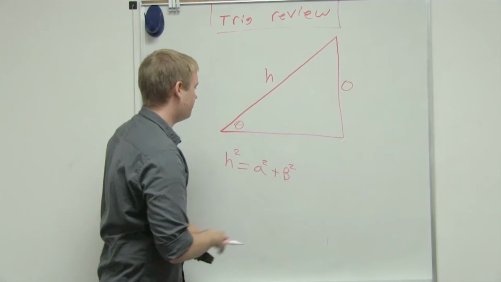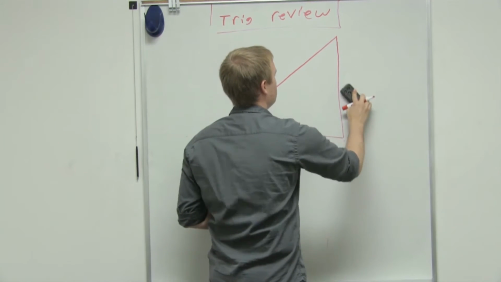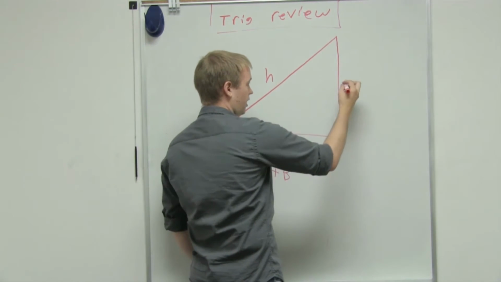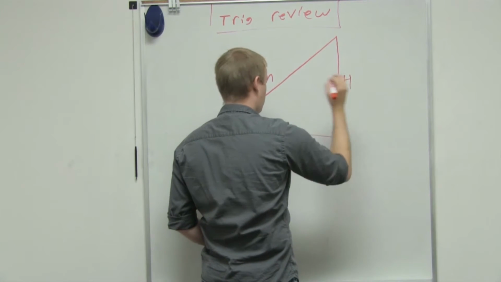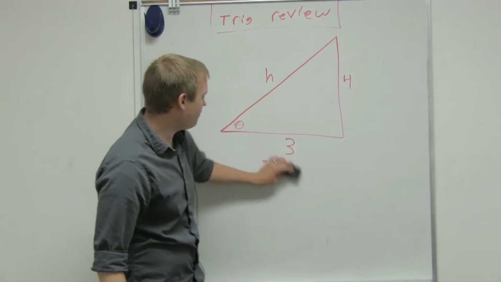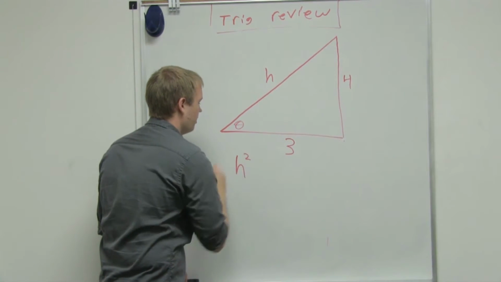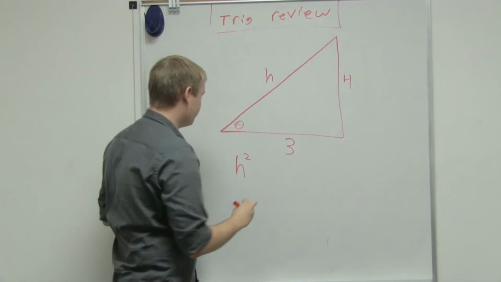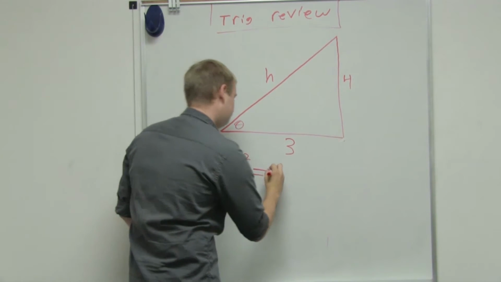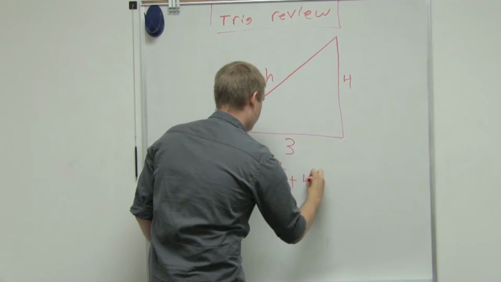Say our adjacent leg is 3 and our opposite leg is 4. So what we have now is h squared, since we're trying to find our hypotenuse, equals 3 squared plus 4 squared.